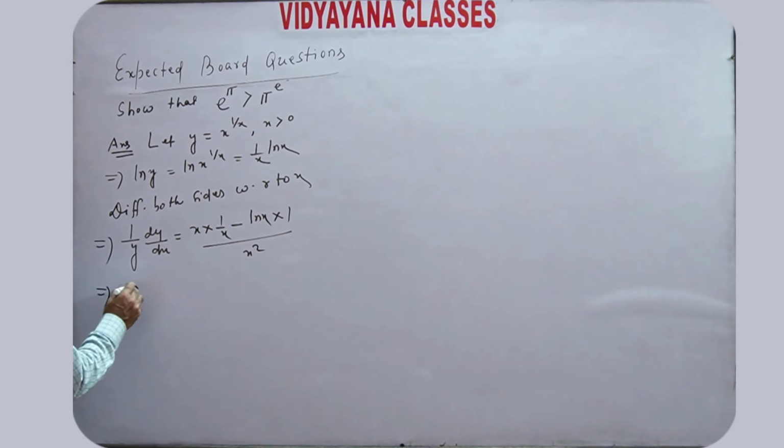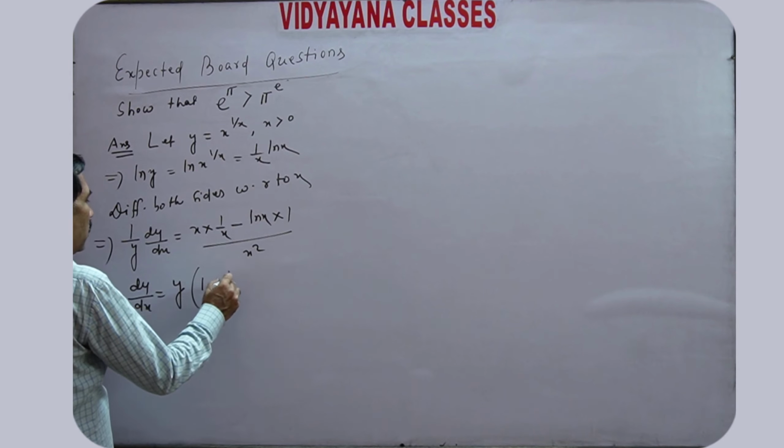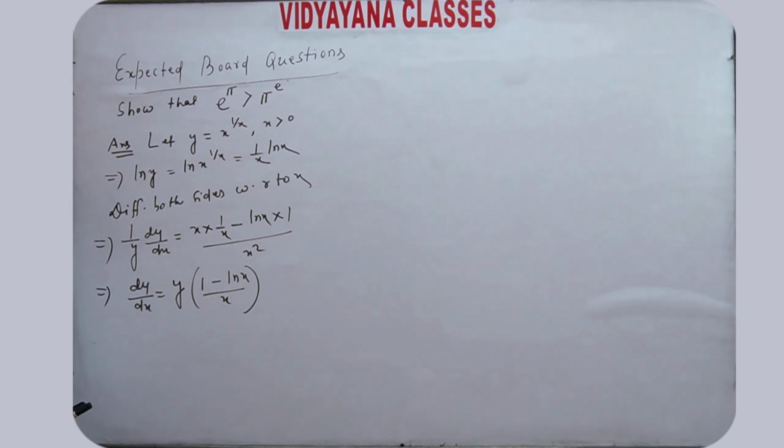Which implies dy by dx is equal to y into (1 minus ln x) divided by x square. Clear?